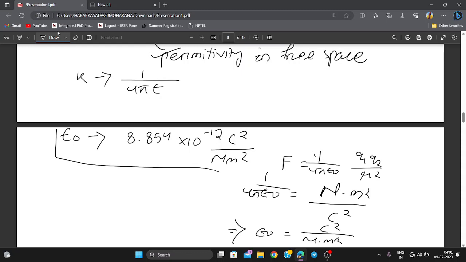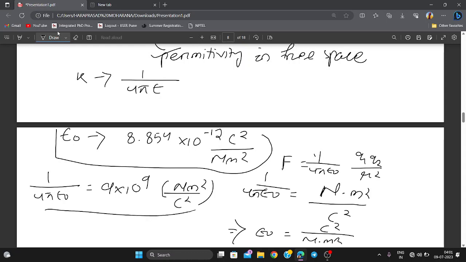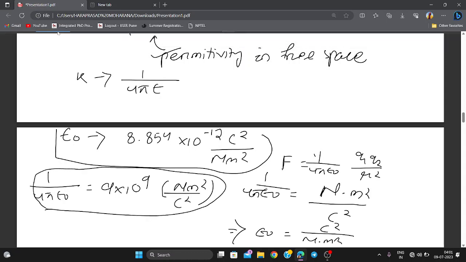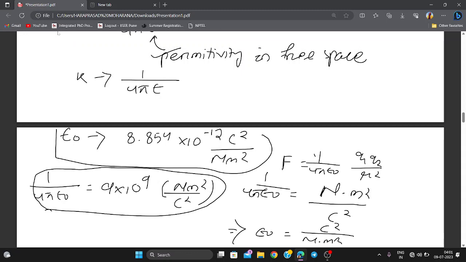This is the value of epsilon naught. So what's the value of 1 by 4 pi epsilon naught? Its value is 9 into 10 to the power 9 Newton meter square divided by Coulomb square. Hope you remember these two values. It will be good for you.